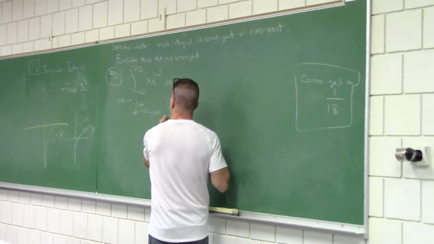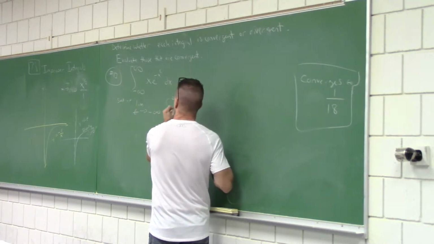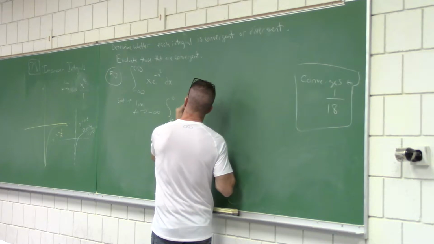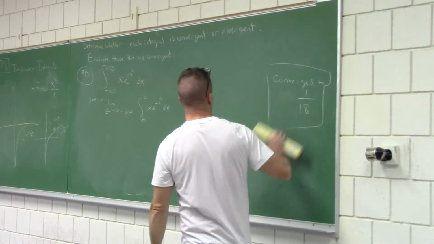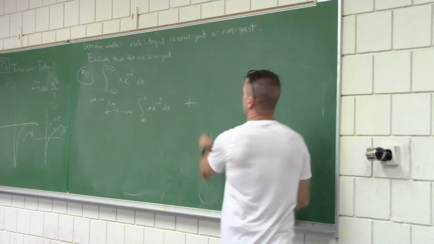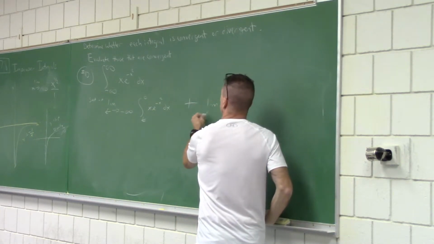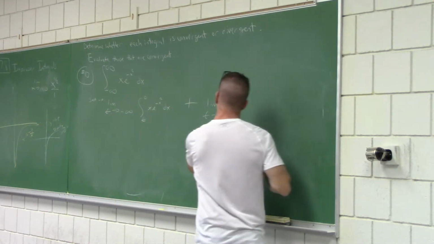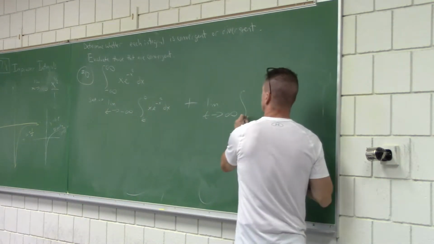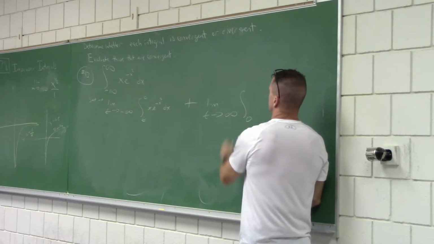I'll go from this t value now to 0. This is how we've got to start the problem. Plus the limit as t approaches, now I'm going to use the infinity, and I'll go from 0 to the.